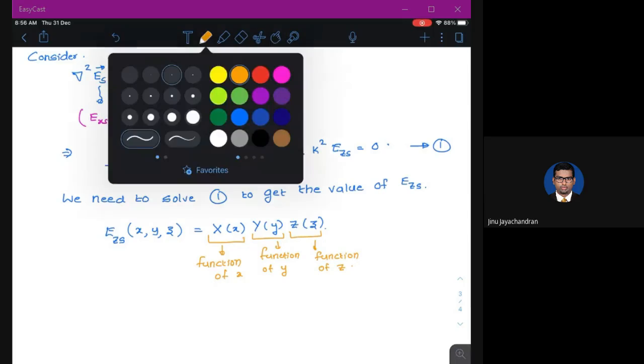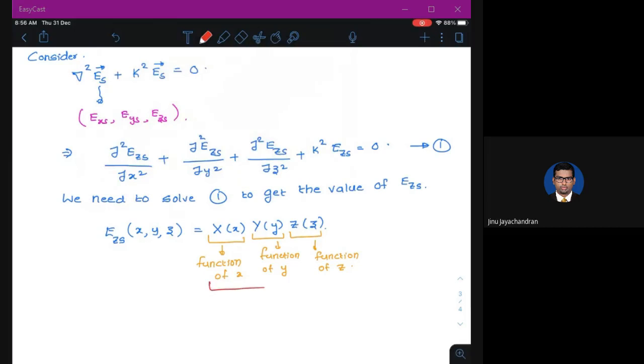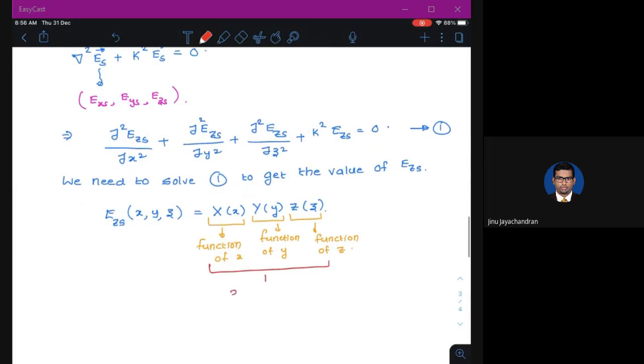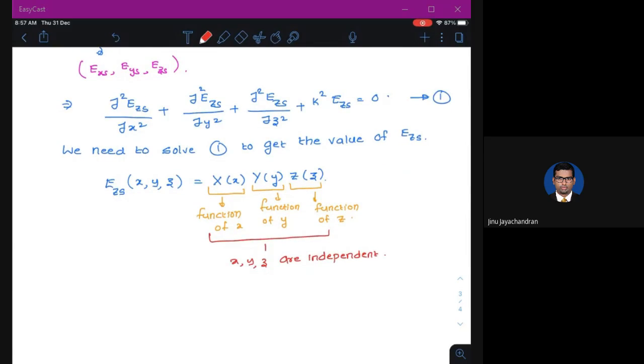And we assume that all the three x, y, z are independent. If they are independent, I can separate them out. That's what we have seen. So we are assuming that, okay, this is my solution. And then we are going to find out what is the value of X(x), Y(y), and Z(z).